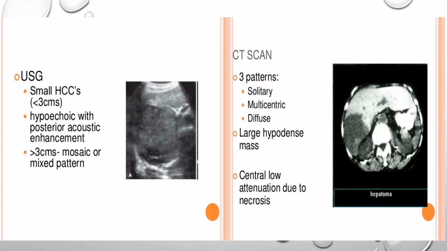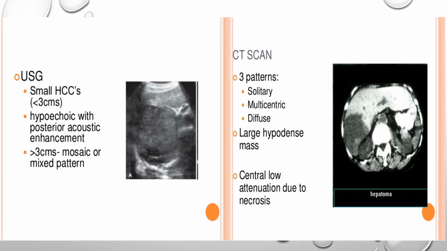Hepatocellular carcinomas can vary in size from small tumors to large tumors, and small tumors on ultrasound are hypoechoic with posterior acoustic enhancement. Those more than 3 centimeters show a mosaic or mixed pattern, which means it will not be homogeneous and will have mixed echogenicity.